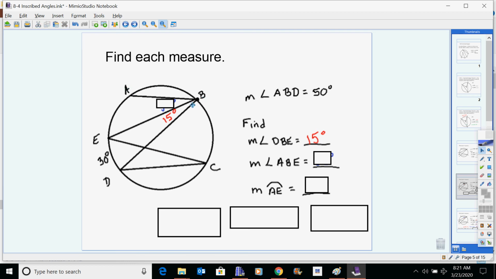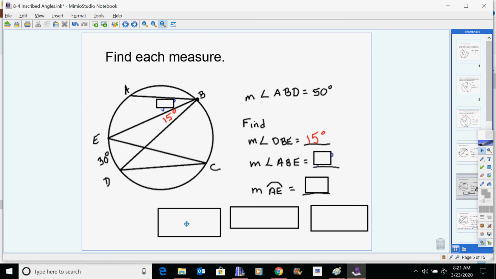Angle ABE, we can think about that one, but we need to remember that angle ABD is 50. So if 50 is this one, and you put 15 with something to give you 50, it should jump in your head, you're subtracting.